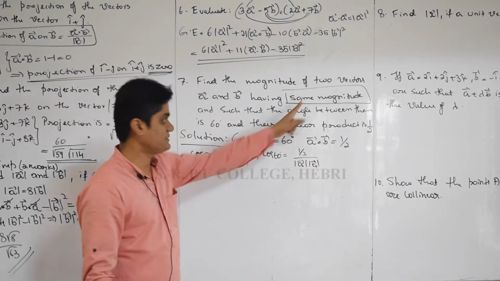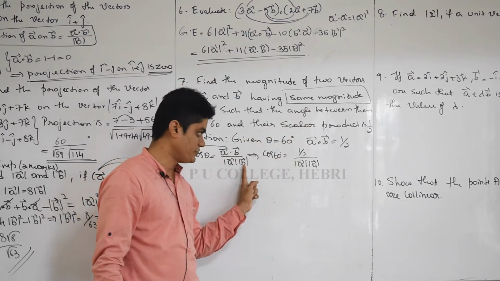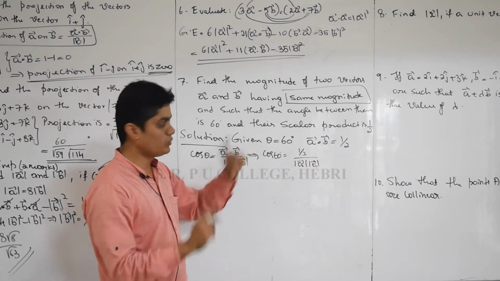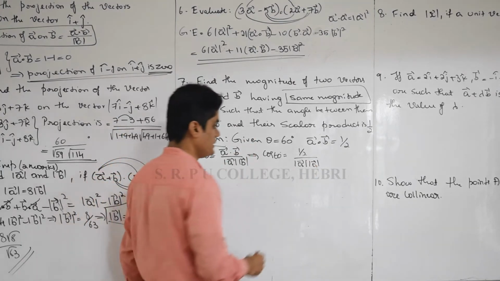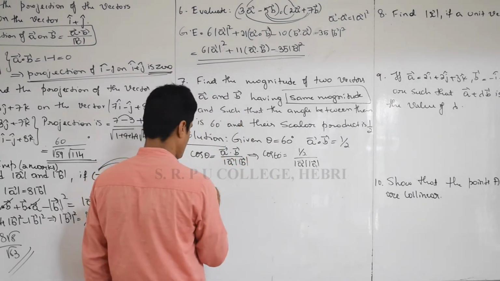Because it is given that the magnitude of both A and B is the same. So what is cos 60? Half. Cos 60 is half.